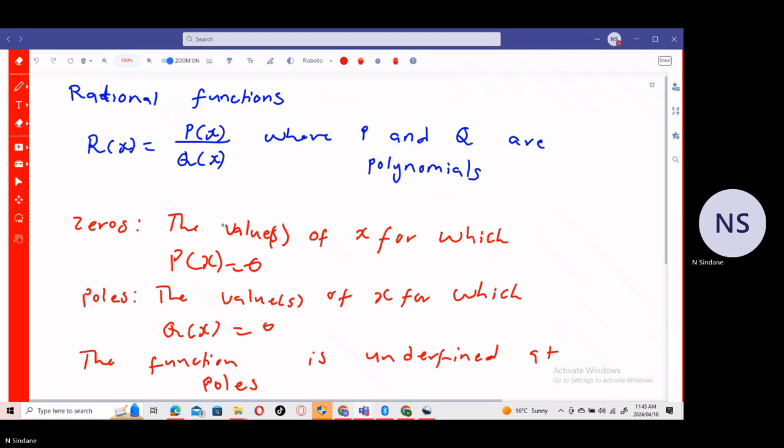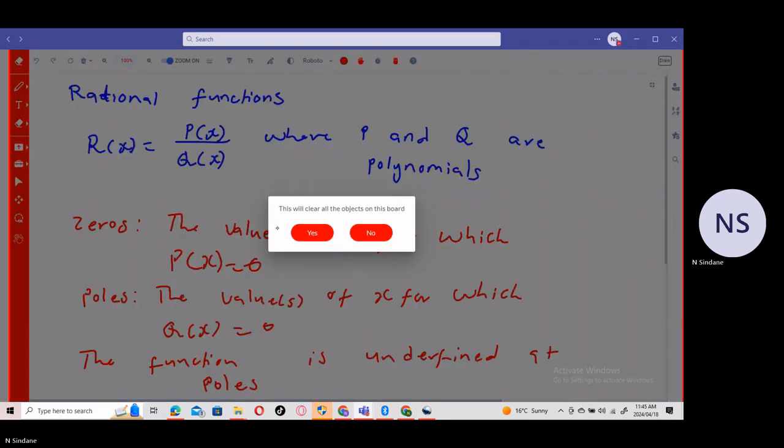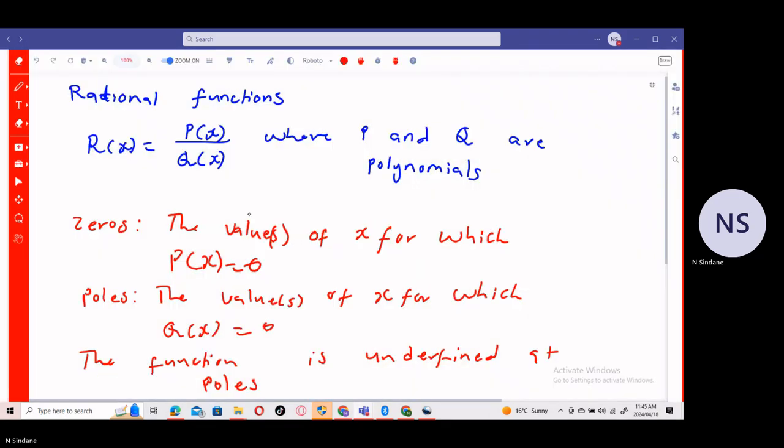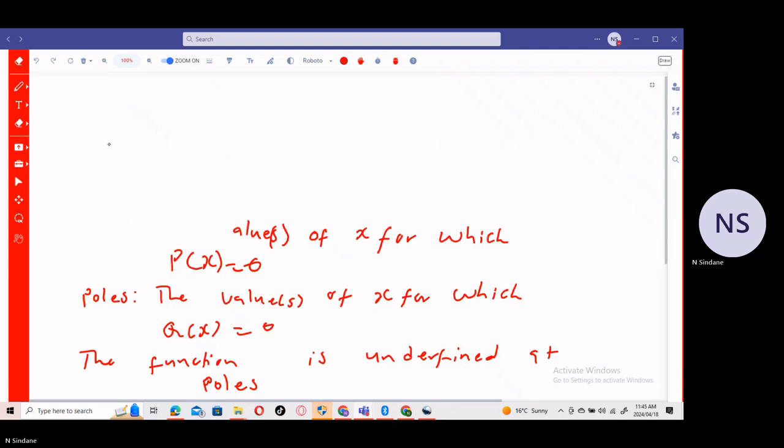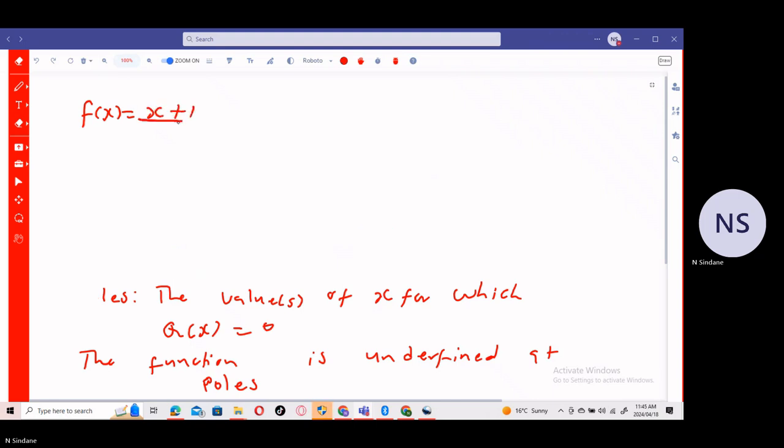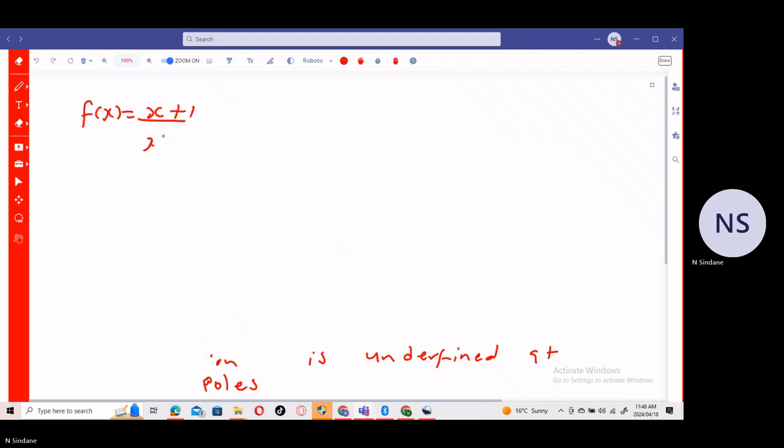An example of rational functions would be f of x equals x plus 1 over x cubed plus 3.